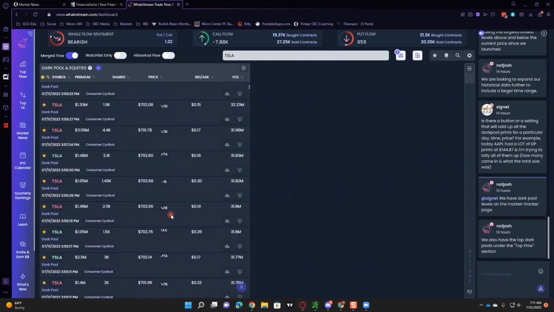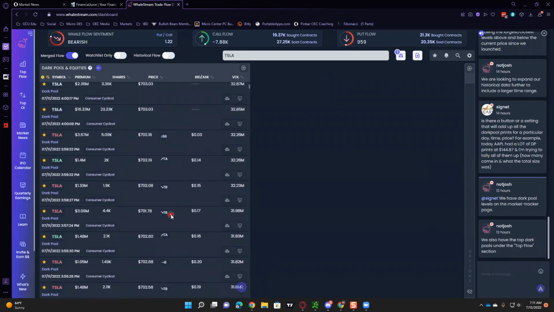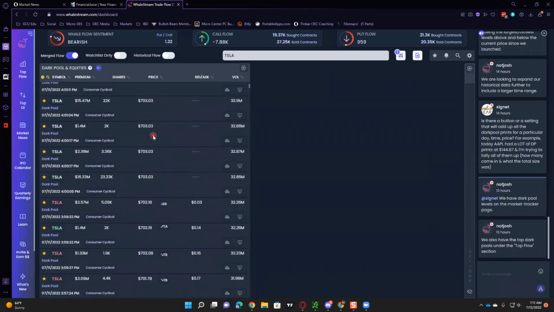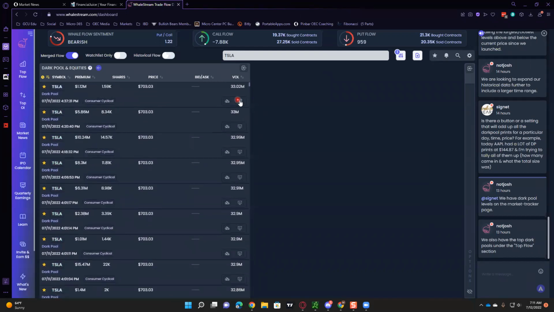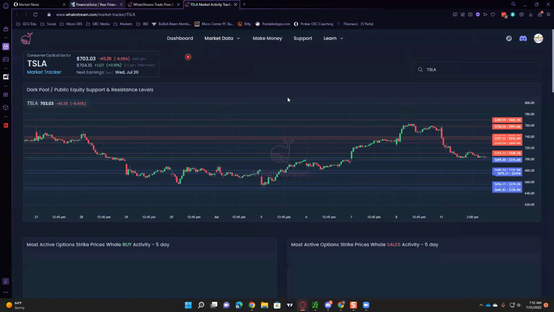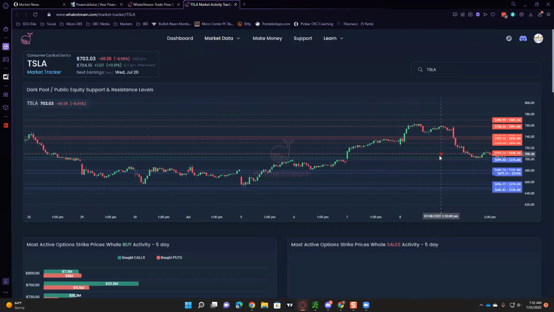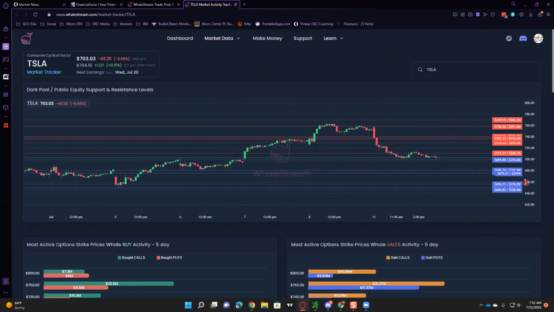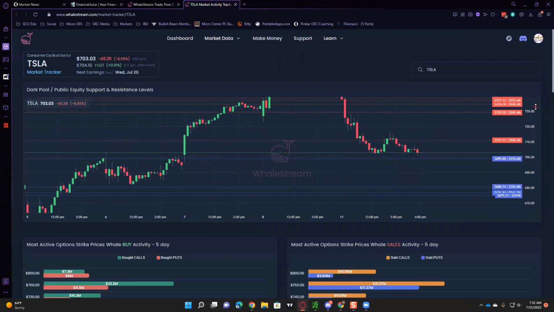First, how much dark pool was there yesterday? And then were there particular levels that I should be focused on? So we come over to this spot right here, market tracker. That's going to take a moment. We come in here, and now we've got our support and resistance levels marked out by those dark pools.